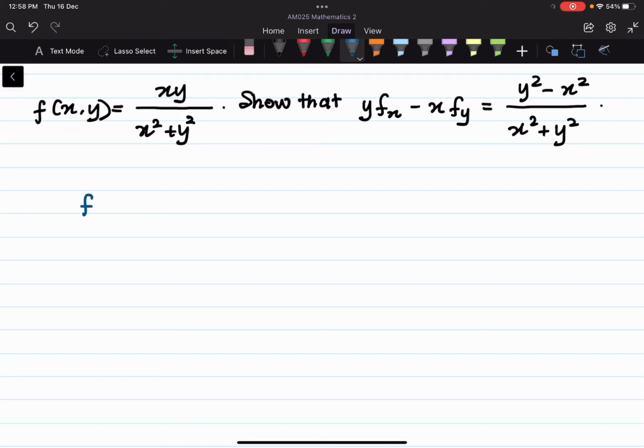the first partial derivative with respect to x, we're going to use the quotient rule because we have x terms in both numerator and denominator. So we know that the quotient rule is vu prime minus uv prime divided by v squared.